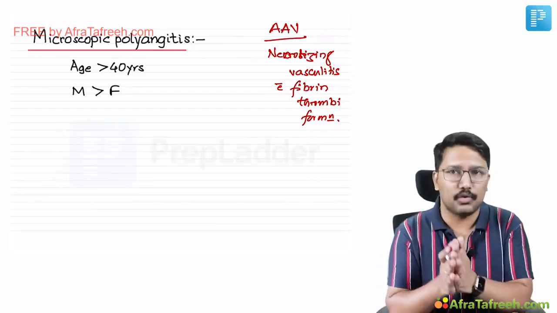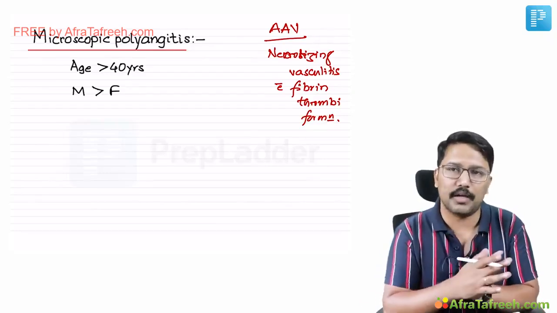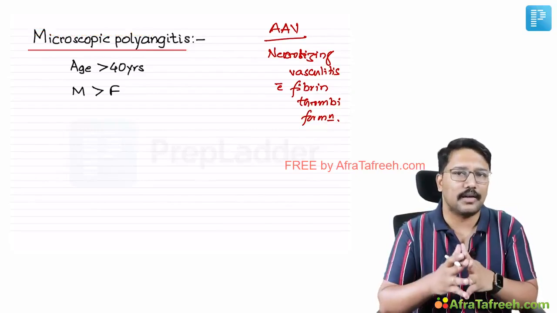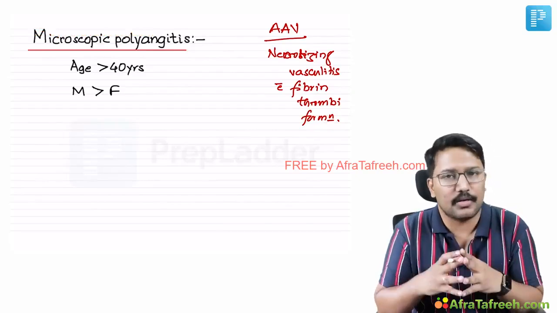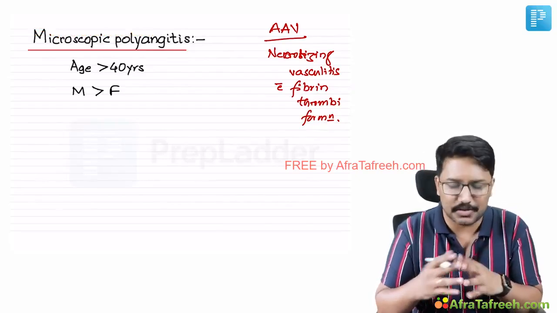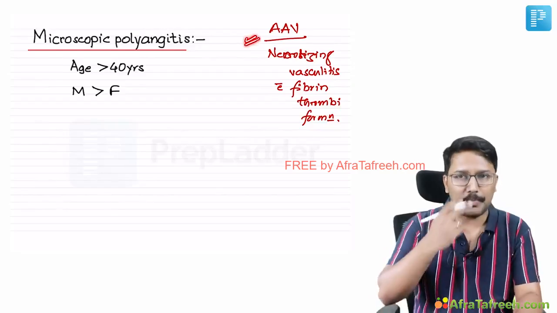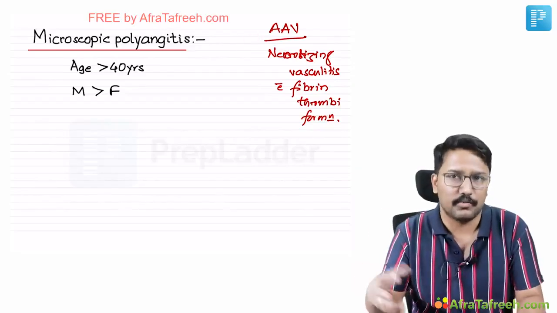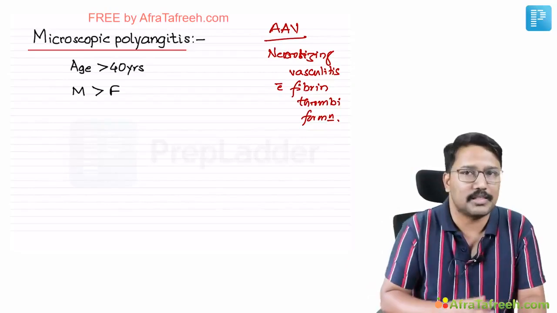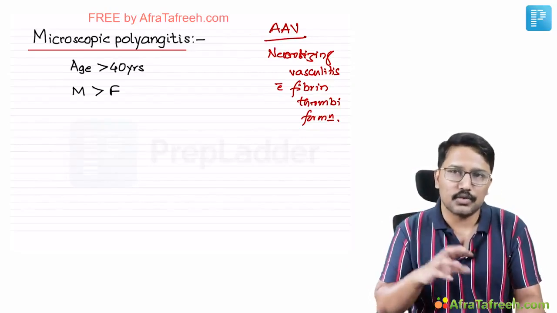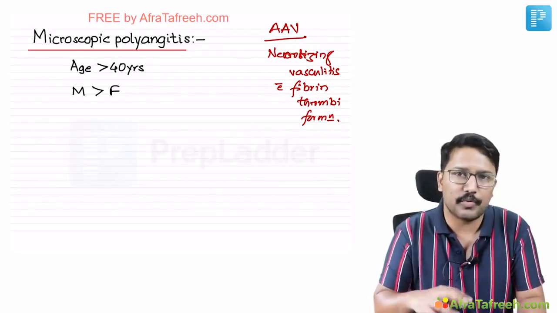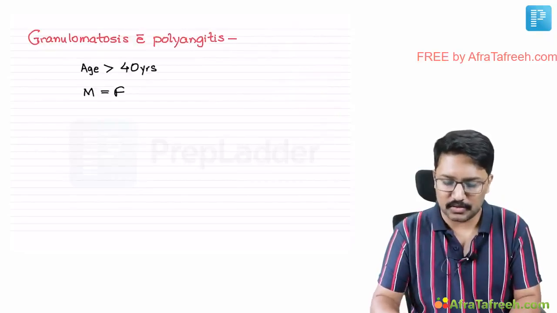So that is the binding feature. You talk about MPA, you talk about GPA, you talk about EGPA. All of these entities have this necrotizing vasculitis with fibrin thrombi formation. This is the binding feature. Apart from that, there are additional involvements, and based on those additional involvements, we further classify these disorders. To start a discussion, instead of starting with microscopic polyangiitis, let us start with granulomatosis with polyangiitis.